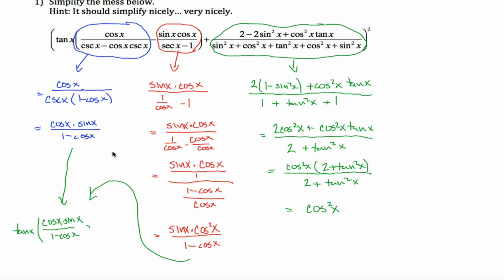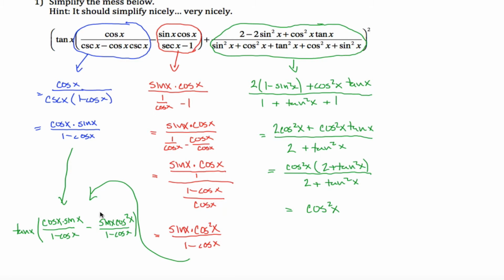And then in red, I have this term, which turned into this guy. So I'm subtracting sine of x times cosine squared x divided by 1 minus cosine of x.